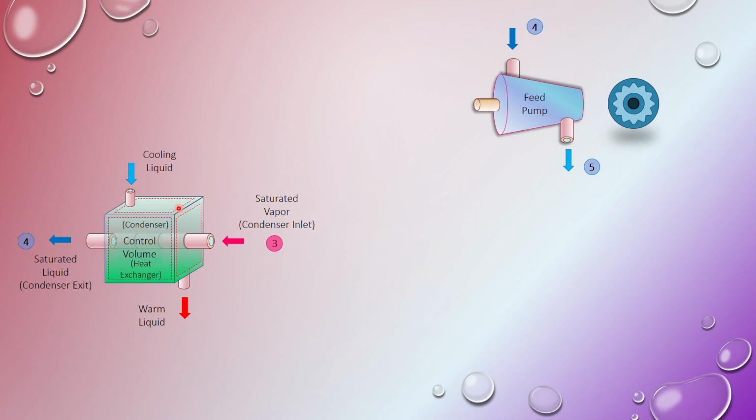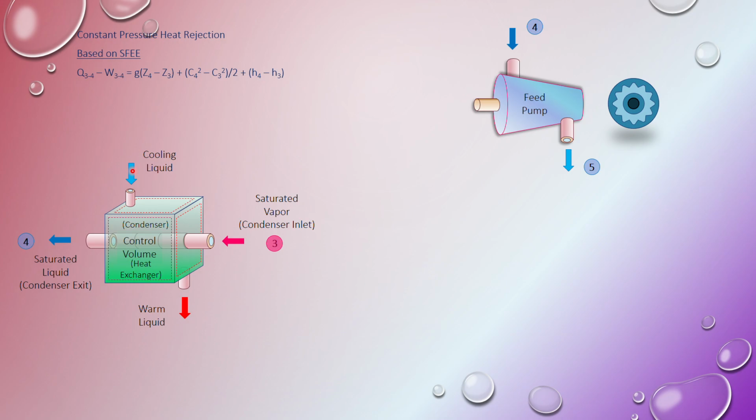Now the next thing is the condenser. In the condenser, you have to convert the vapor back into liquid form. That means it must be 100% liquid, because when it undergoes condensation, it has to undergo a full condensation process.